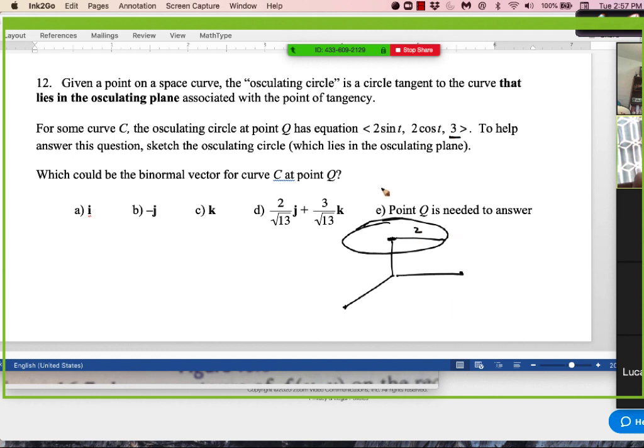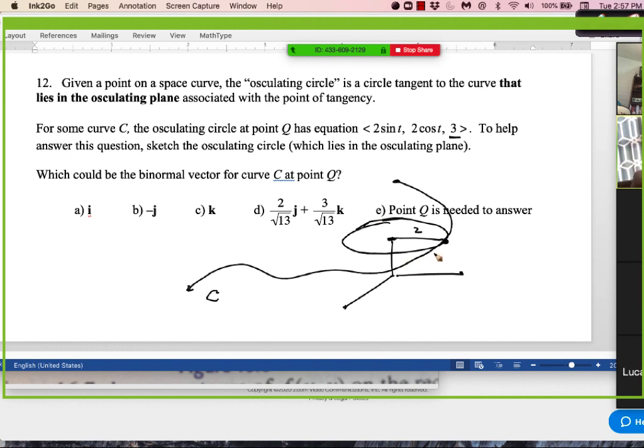So this is for some curve C. At this point, this circle lies in the osculating plane. Remember, the osculating plane was the plane of the curve.